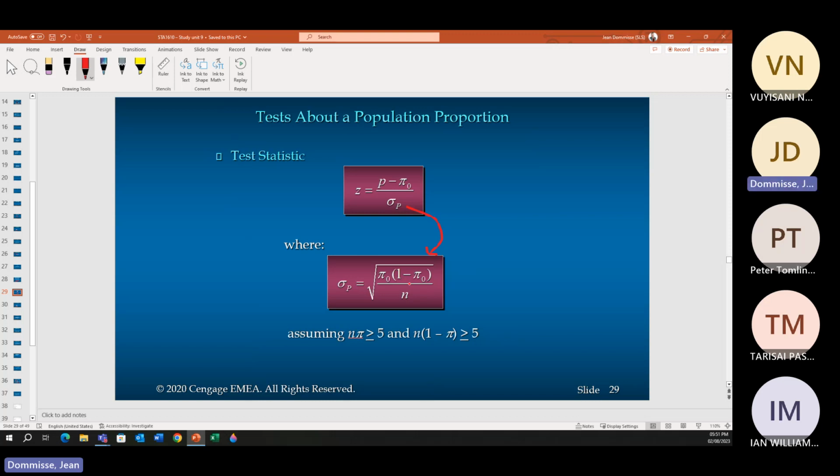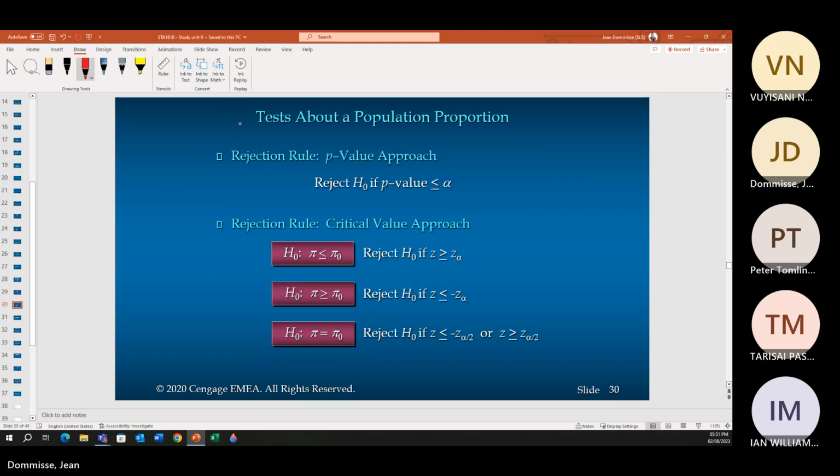So for the population proportion, are we going to work out the t-stat exactly the same? And then all the rules that we have with the Z statistic will be exactly the same when we're doing proportions.